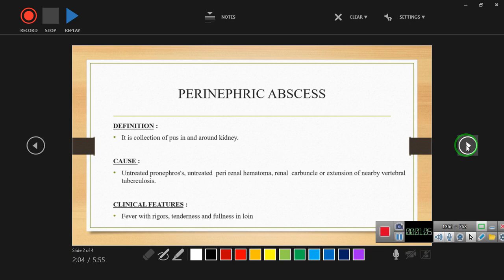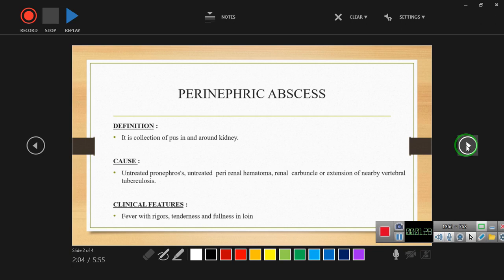In case of pyelonephrosis, that is the abscess within the pelvis of the kidney and the nephrons of the kidney, if that is untreated, that leak crosses the kidney border, and then it collects around the kidney and develops into a full-fledged abscess.